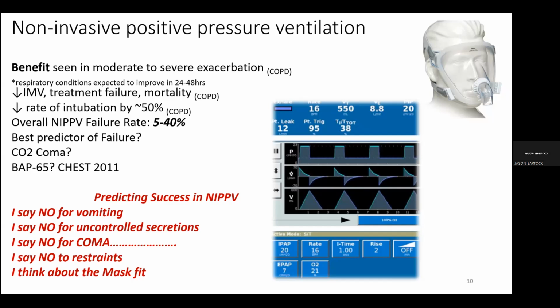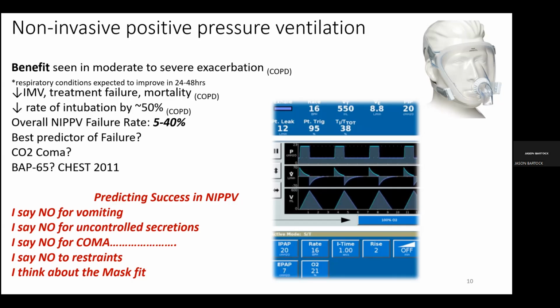Still, depending on the severity of your patient, the failure rate can exist anywhere as low as 5% or as high as 40%, depending on the patient population, right? So this really just comes in with the concept of risk stratification and care escalation, right? When you identify patients who are at high risk for failure, they should be in a place where they can fail, right?